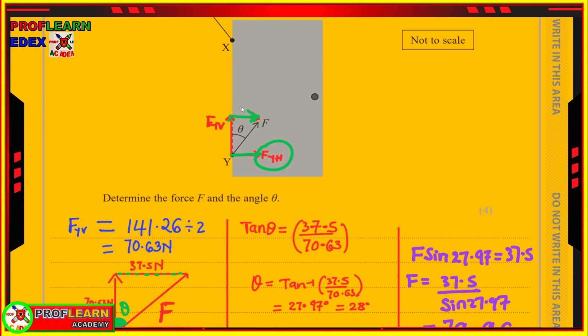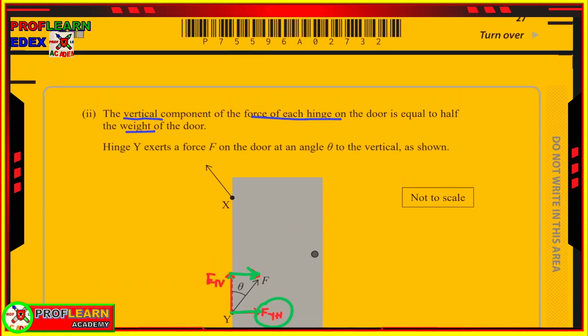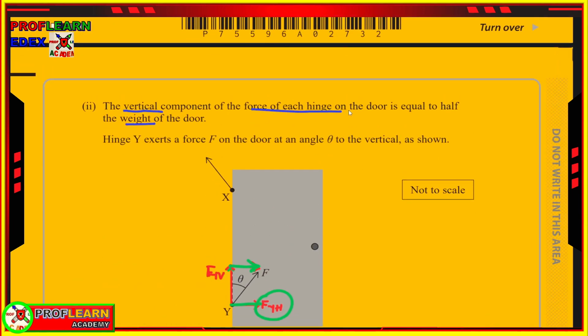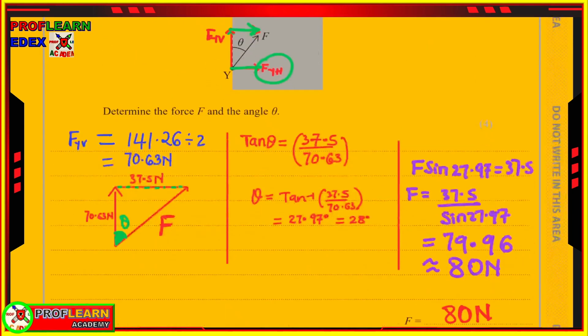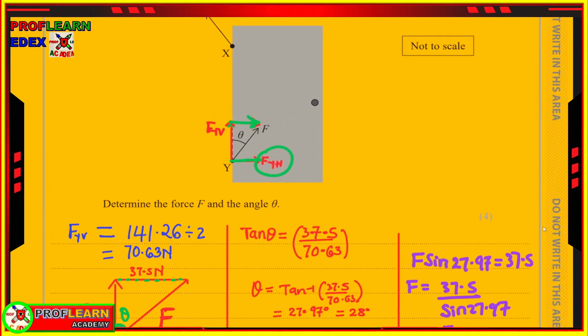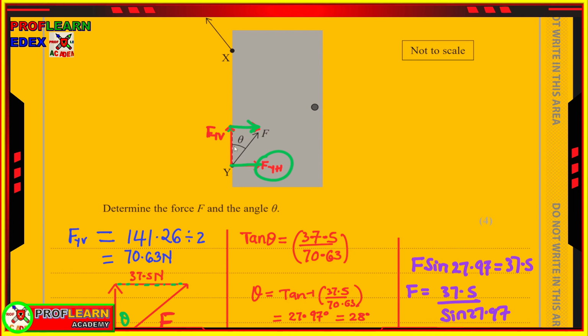But we are told that each hinge of the door carries half the weight of the door. So the vertical force acting on hinge Y will be half the weight of the door, so the force acting vertically from hinge Y upward will be 70.63.